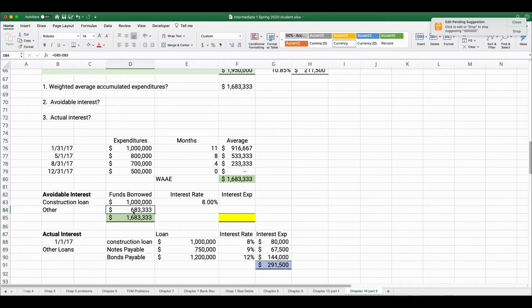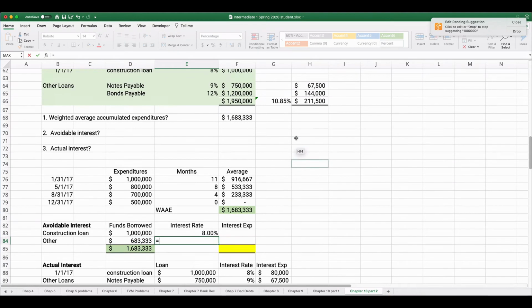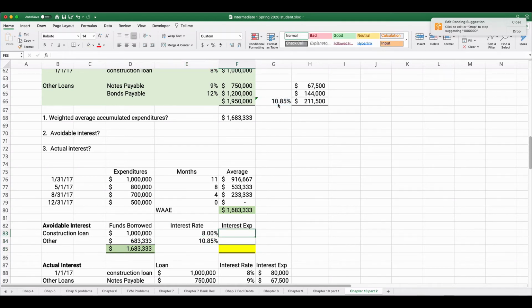So we're talking about 683,000. The interest rate attached to the average of all that is 10.85. So we'll multiply 1 million times 8%, and then the 683,000 times 10.85. And we're going to end up with our avoidable interest of 154,115.